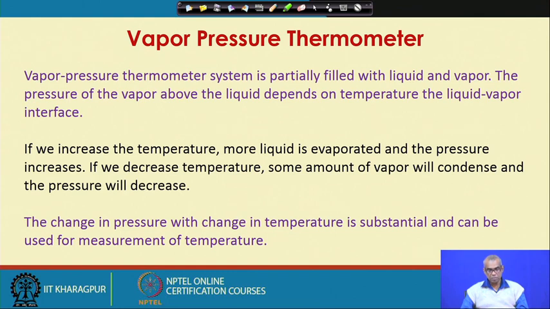So, the basic principle that is used is that you take a volatile liquid and the pressure will change with change in temperature, because the liquid vapor equilibrium is a function of temperature at the liquid vapor interface only.